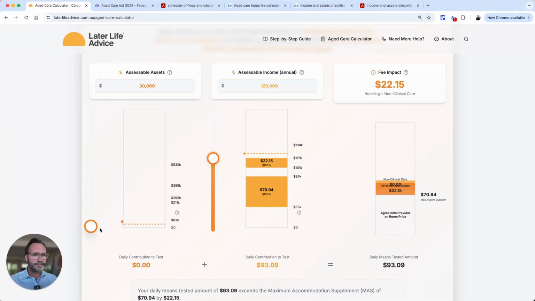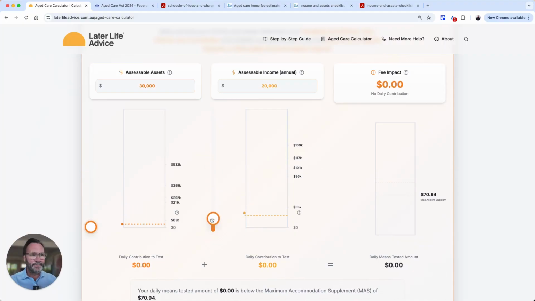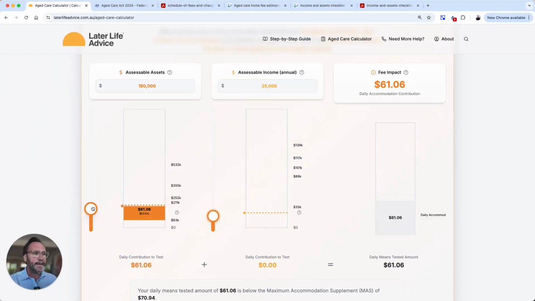So for example, if you can see here where the thresholds are, where people pay no contribution at all to the cost of care. There is a point here where there are no lump sums paid by the individual, and the government comes in and they share the cost.